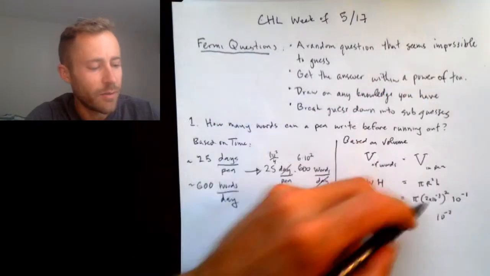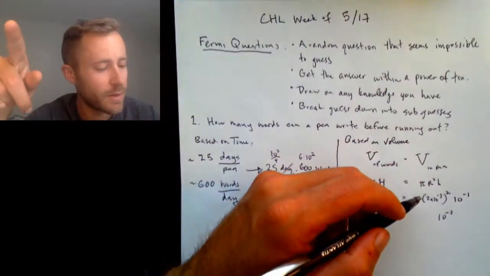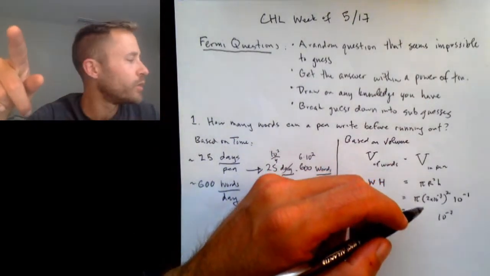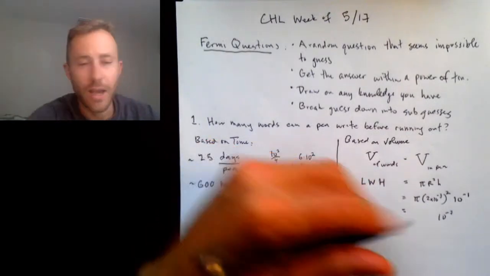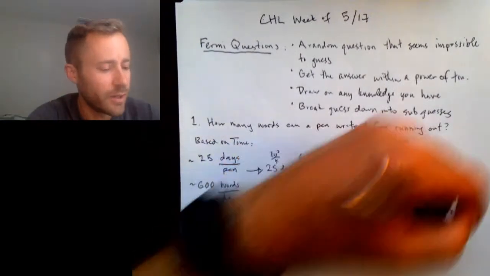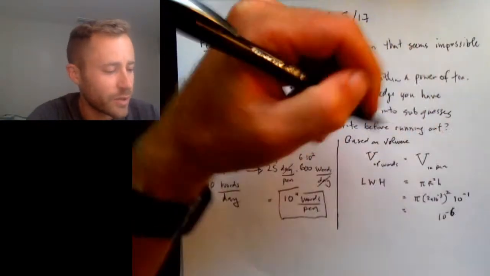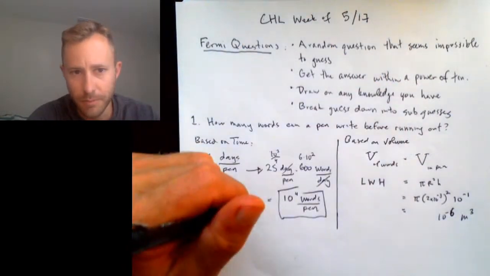And then I have 2 squared times pi. That's like 4 times 3. Okay? Which is roughly 10. 2 times 2 times pi is roughly 10. So I'm going to say 10 to the minus 6 cubic meters of ink are in the pen.